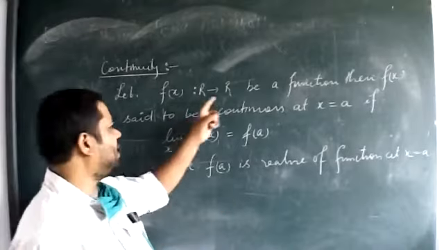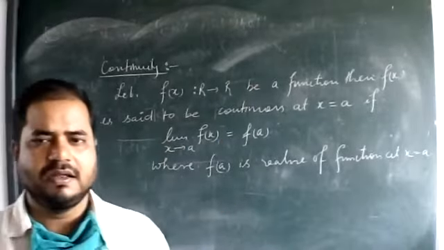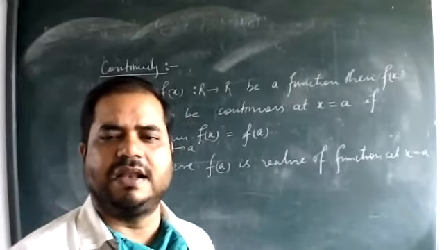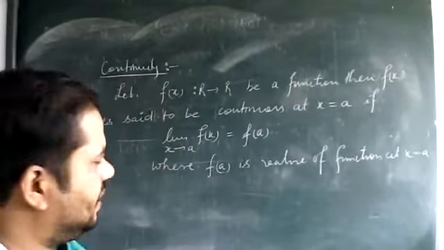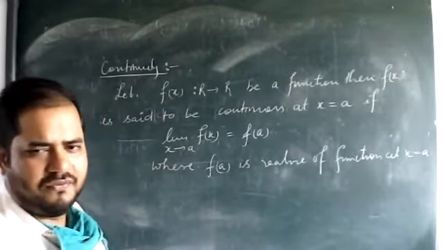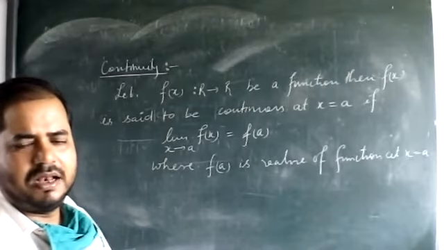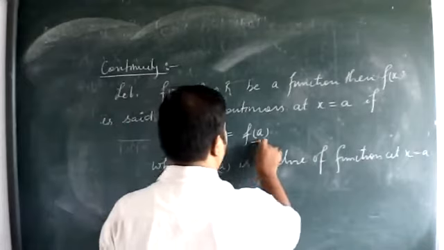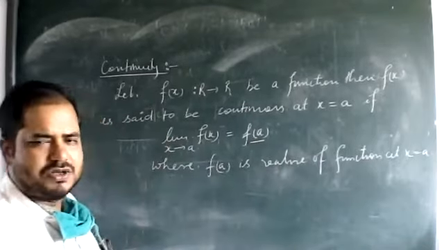Let f from R to R be a function, then f(x) is said to be a continuous function at x equal to a if limit x tends to a of f(x) is equal to f(a). That means the limit of the function exists and this is equal to the value of the function.